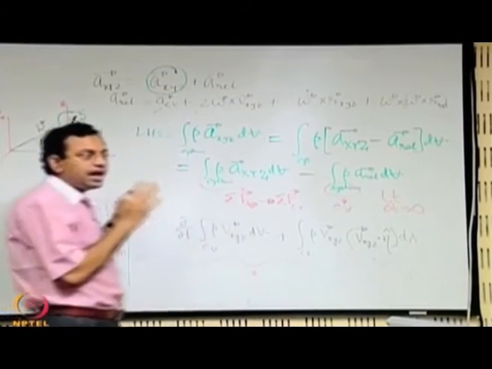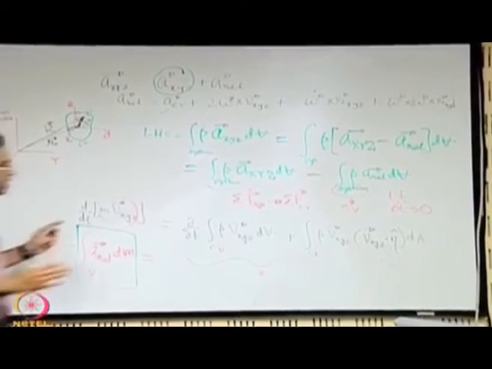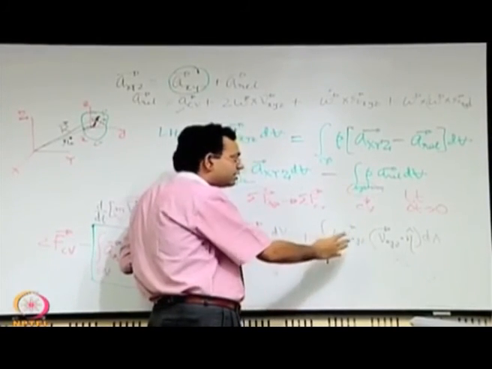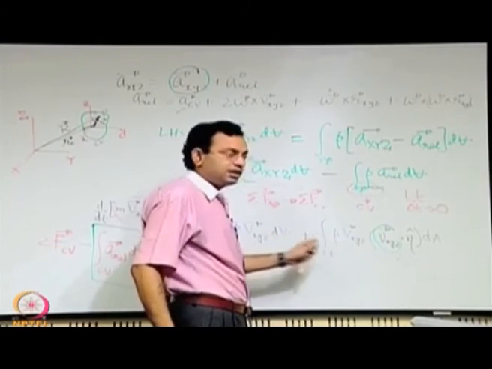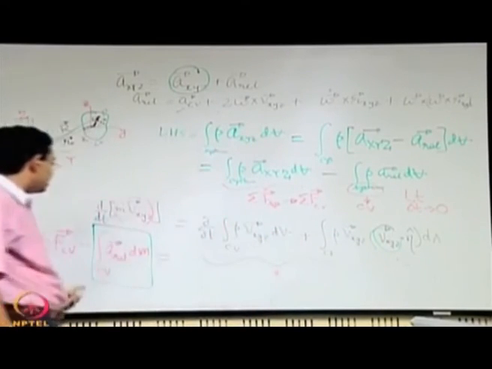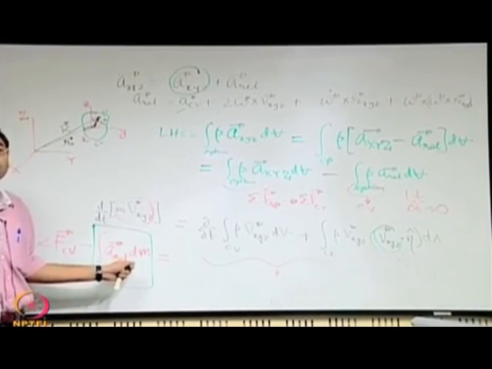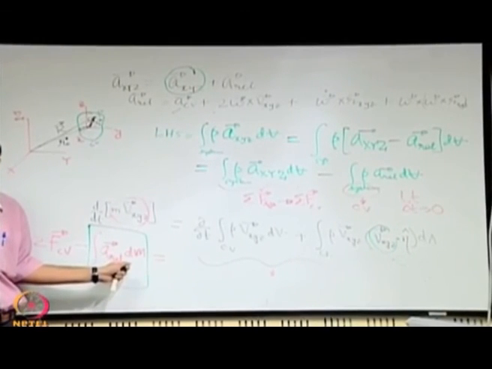So, when you are writing the Reynolds transport theorem for linear momentum conservation, all the absolute velocities are replaced with relative velocities. This was anyway always relative velocity, but the other terms are now replaced by relative velocity, and in the left hand side there is a correction because of the non-inertial effect of the reference frame, just like minus mass into acceleration. This is just like a pseudo force.